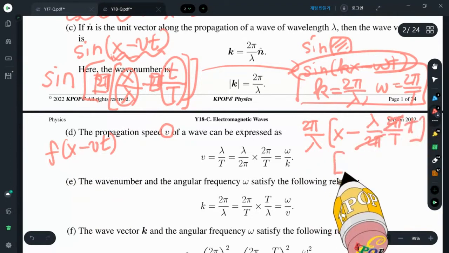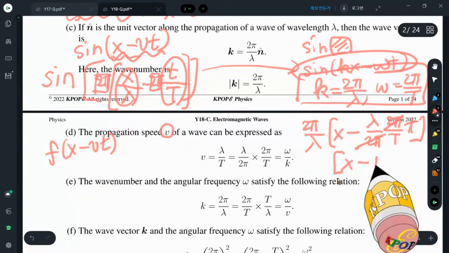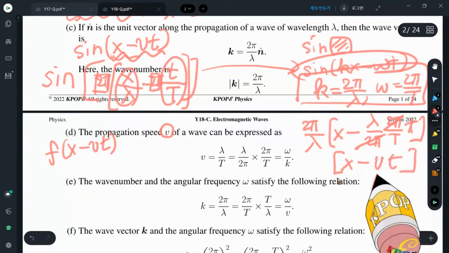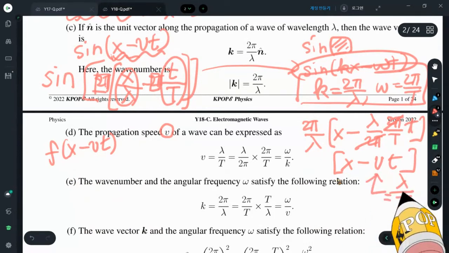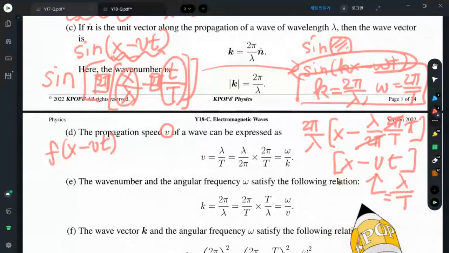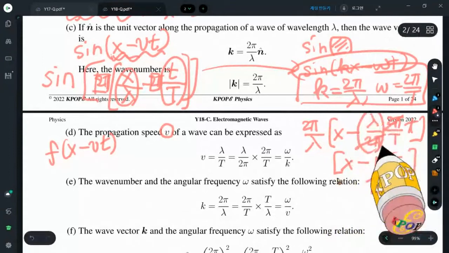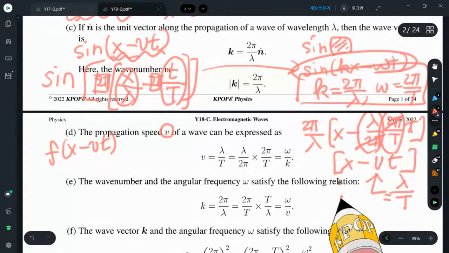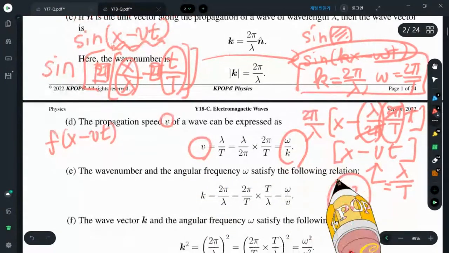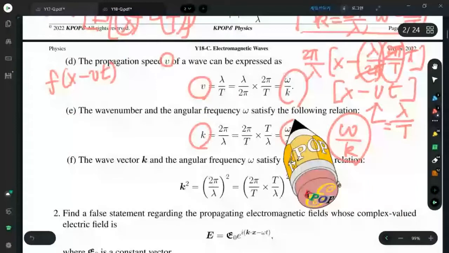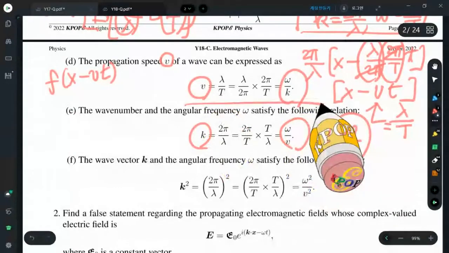Cancel, cancel. Aha, what's that? This is vt. v equals lambda over period. And this lambda over period can be expressed as omega over k. So v is omega over k. And this is a carbon copy of this relation.